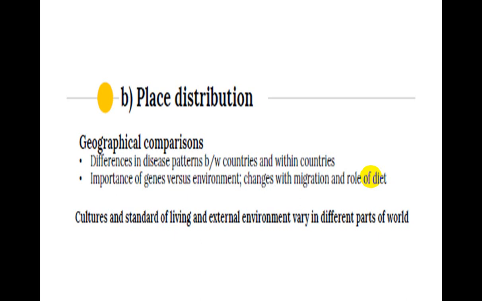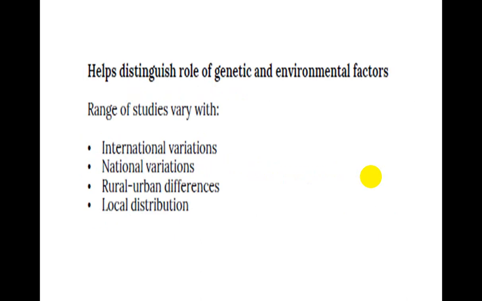The range of geographic studies includes those concerned with local variations and, at a broader level, international comparisons by examining mortality and morbidity in relation to socio-economic factors, dietary differences, and differences in culture and behavior. These variations may be classified: international variations, national variations, rural-urban differences, and local distributions.